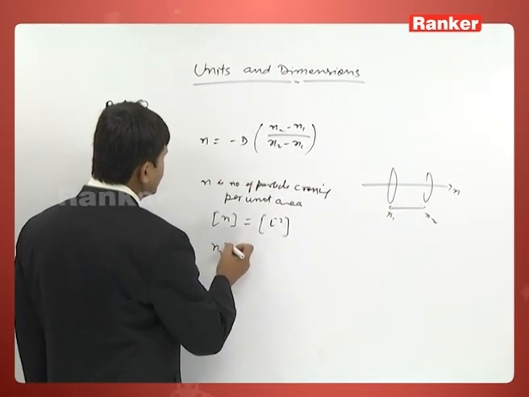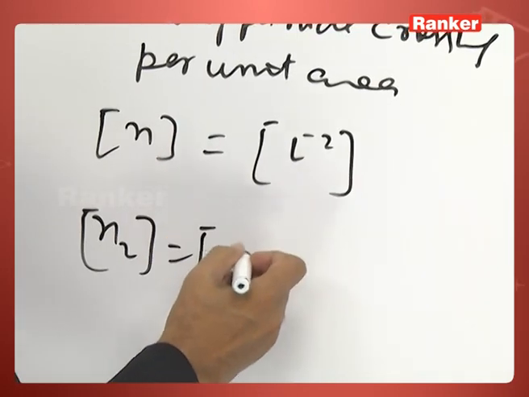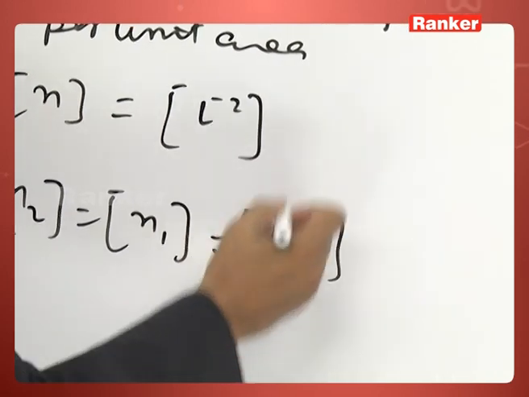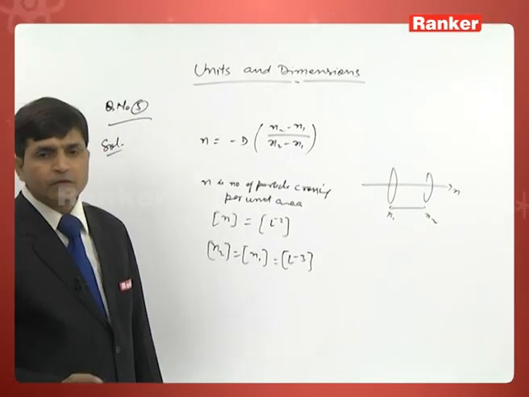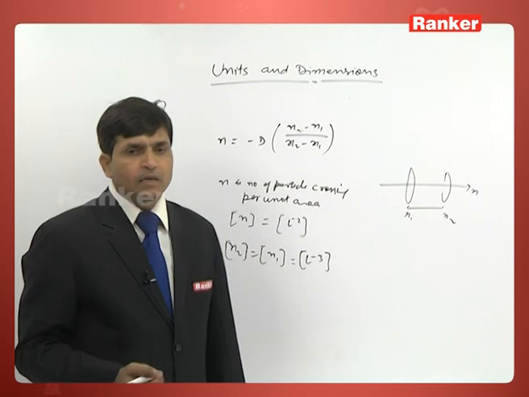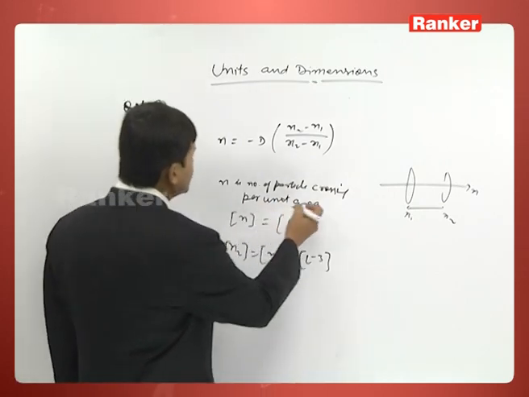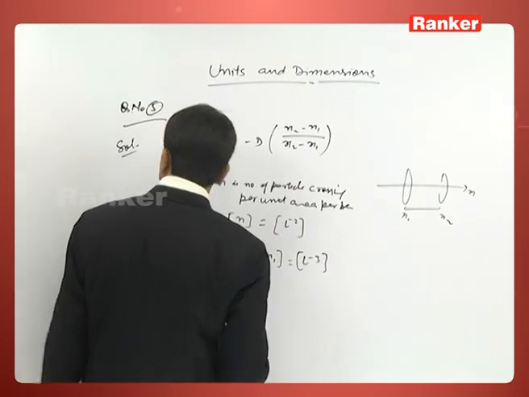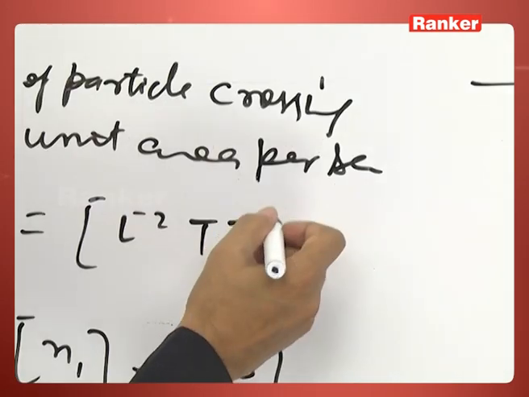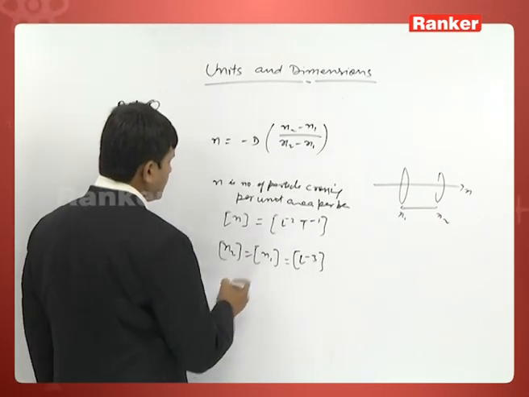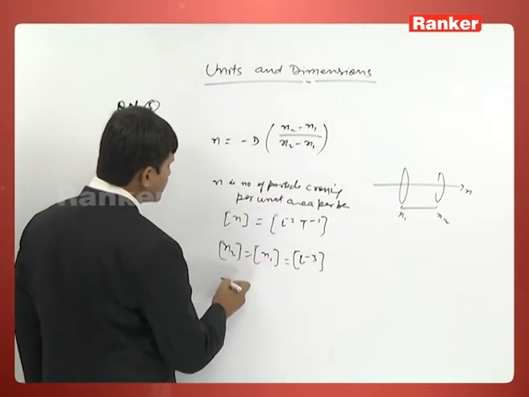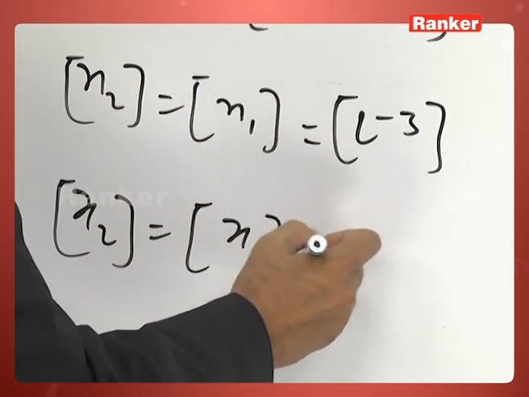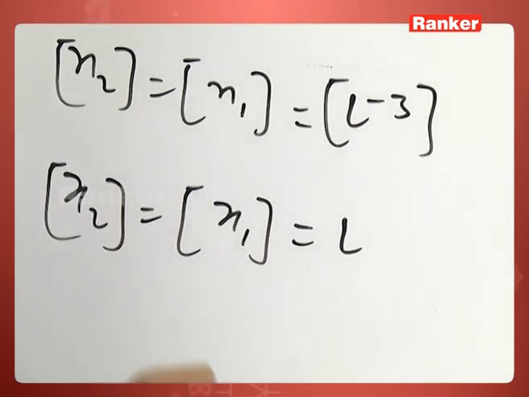So the dimension of n2 and of n1 will be the same as the number of particles per unit volume, and this is per unit area per second also. So in case of per second, T minus 1. And the dimension of x2 will be the dimension of x1, which is L.